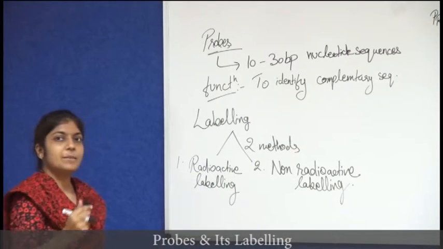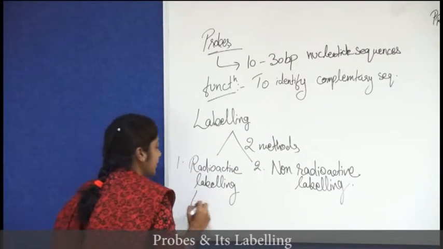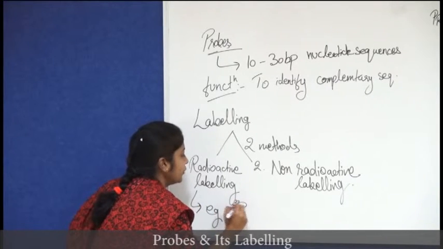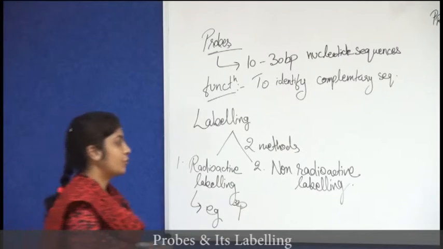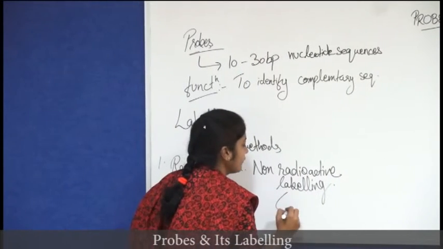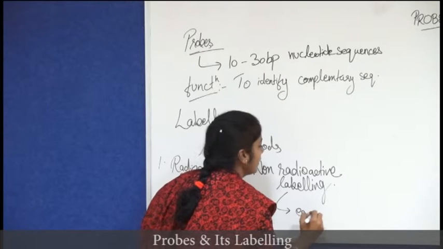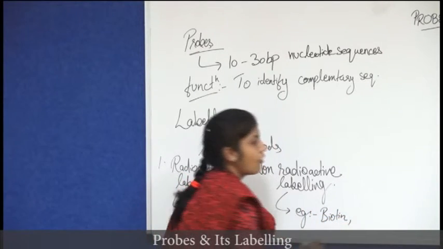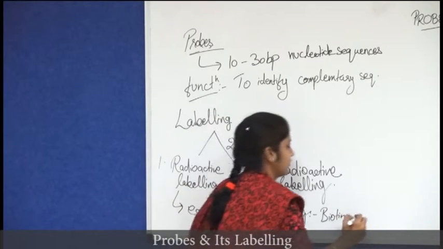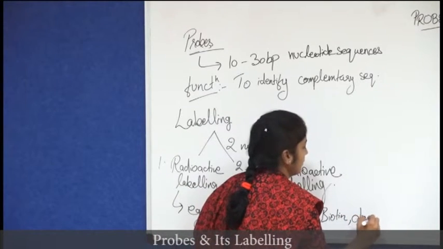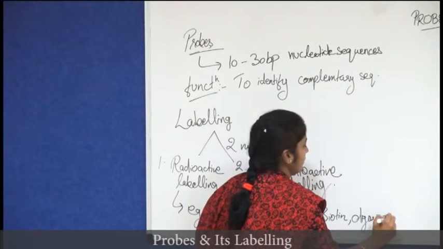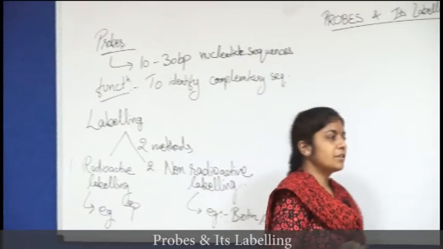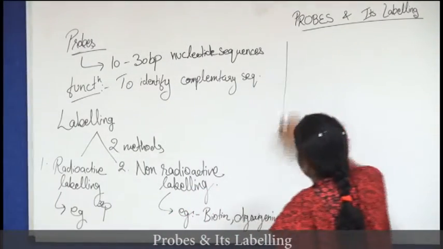In radioactive labeling, it is generally done by phosphorus 32, a radioactive isotope of phosphorus, and in non-radioactive labeling, for example, we can use biotin or digoxigenin. Okay, so these are the generally two methods of labeling.